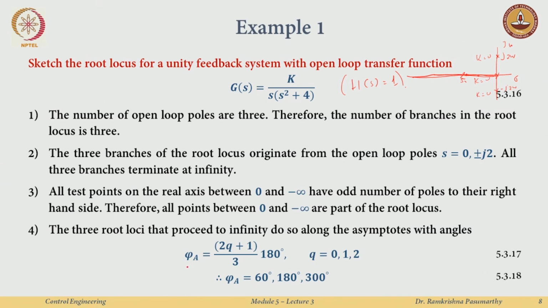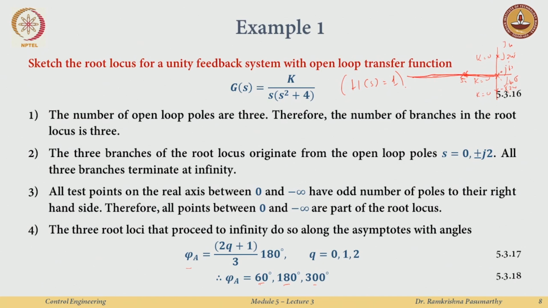The angle is computed as 2q plus 1 over 3 times 180, so I get 60, 180 and 300. 60 is this one, then I have 180 and I will have 300 here. 300 I can also write as minus 60. This is okay, because at 180 this branch is already going out at 180 degrees. So this is a good validation.